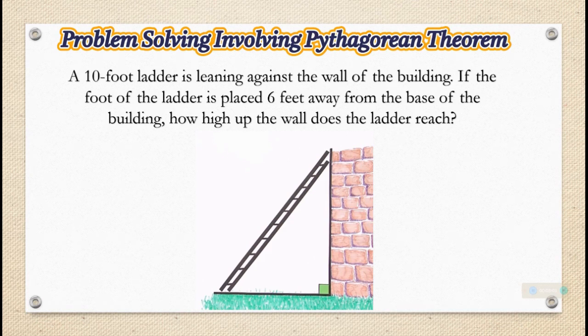In this example, 10 is the length of our ladder or our hypotenuse. Then 6 feet is the length of one of our legs. Therefore, we are going to look for the other leg. Since this figure has a right angle, we have a right triangle.